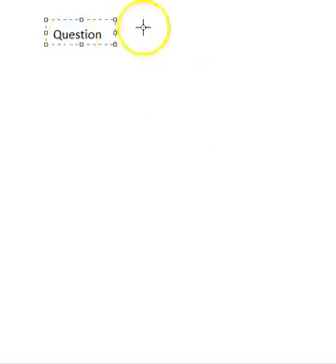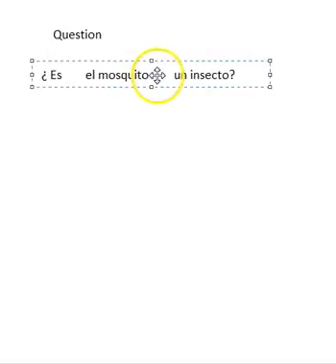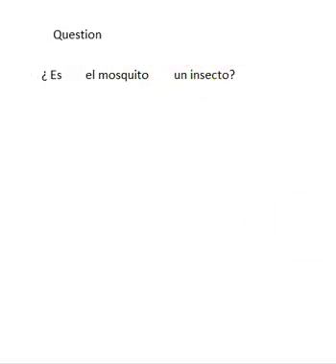Next, let's review how to form a question in Spanish. If we just switch around the verb and the subject, we can say, ¿Es el mosquito un insecto? And of course, in English, that means, is the mosquito an insect?